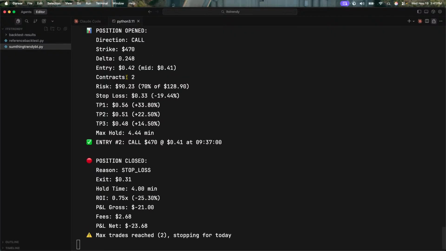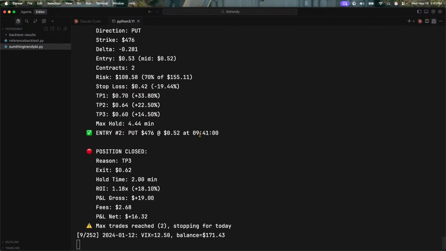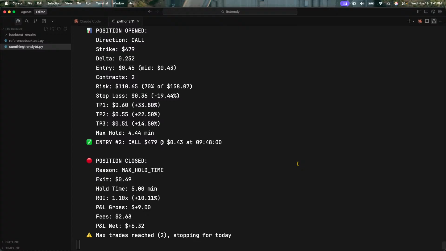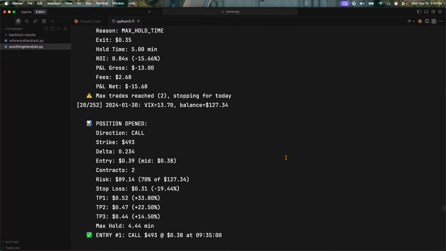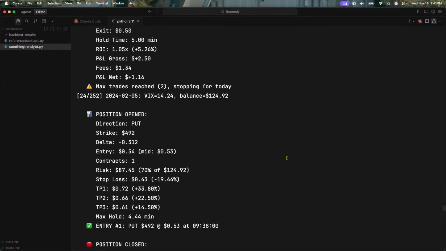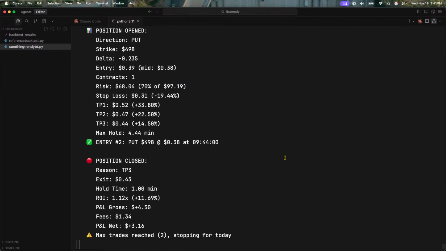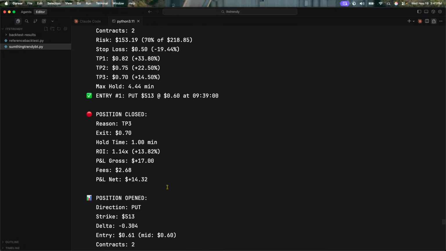This is so weird the way you did it. I don't like the way you created this backtest. This is so ugly. I can't even tell what is happening. Supposedly trades are happening. Supposedly we're doing good. I don't know.